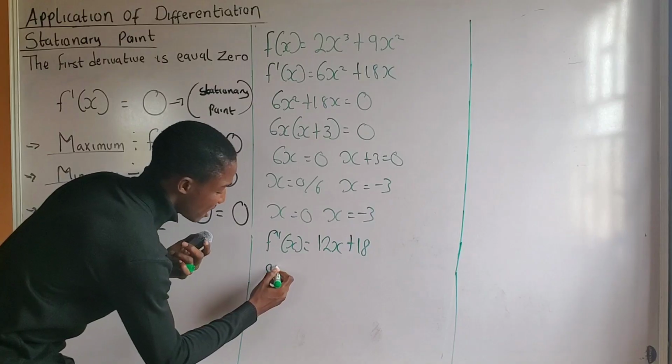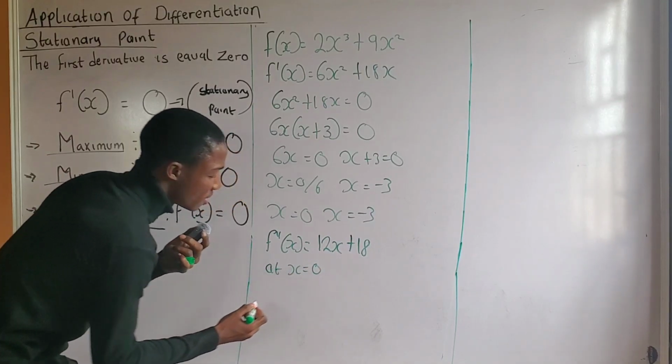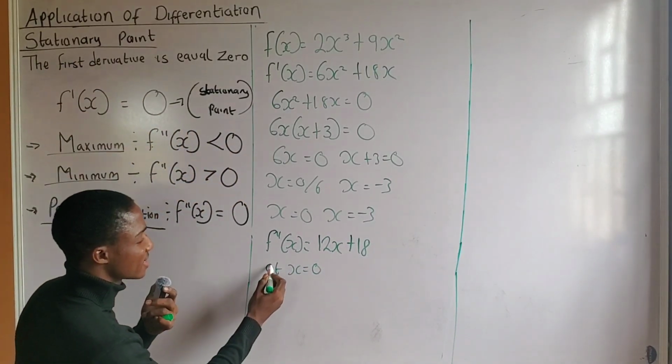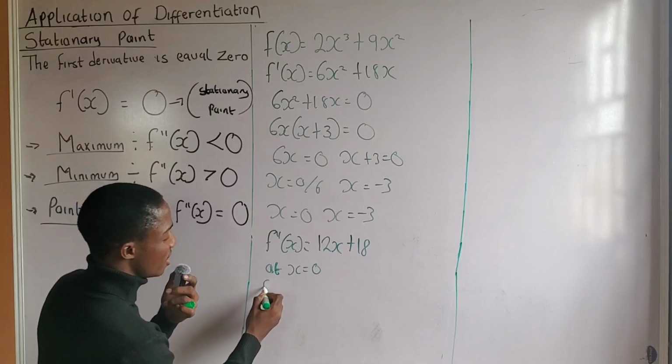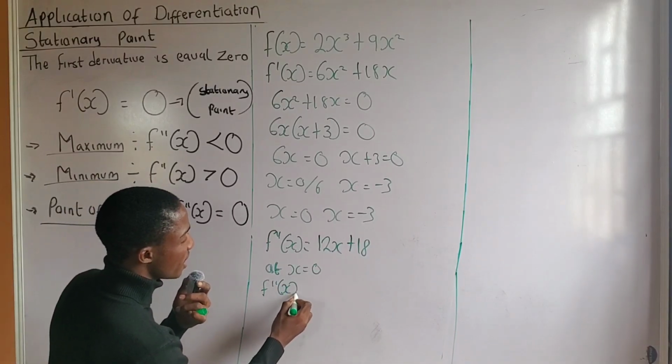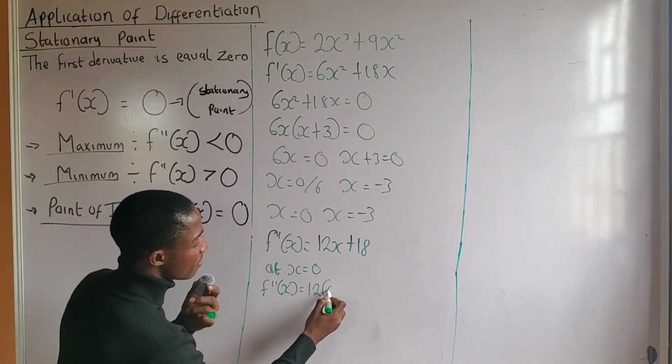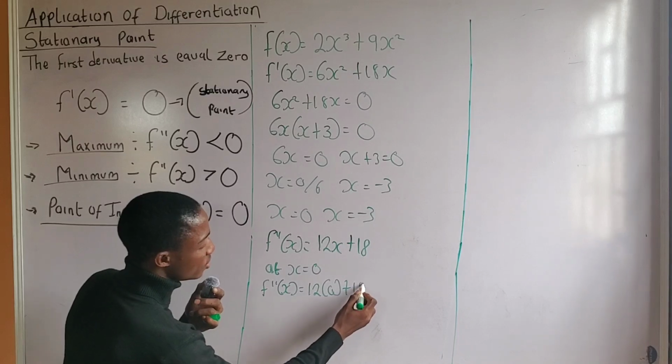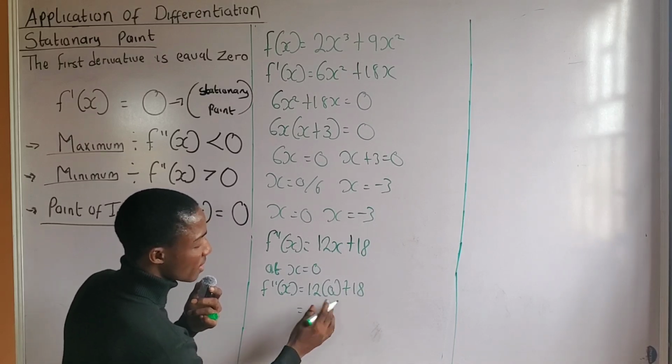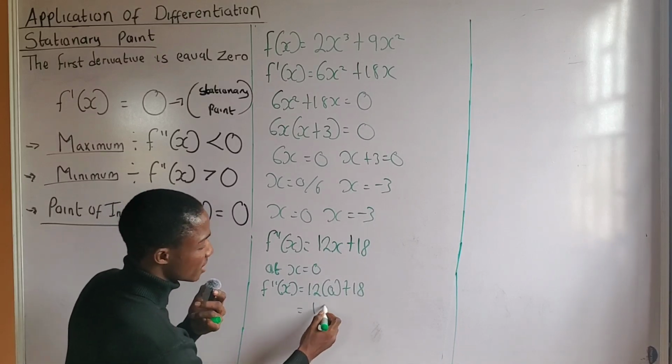Now, at x equals 0, please pay attention. At x equals 0, the second derivative of f of x will be equal to 12 multiplied by 0 plus 18. So 12 times 0 is what? 0. I'm going to have 18.